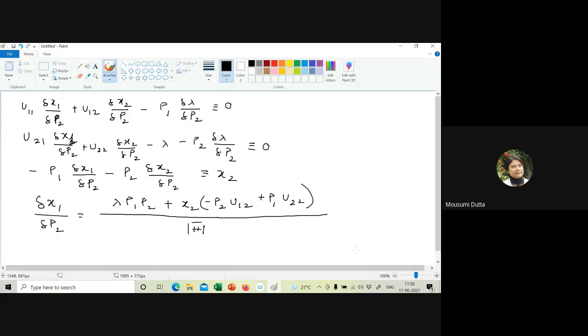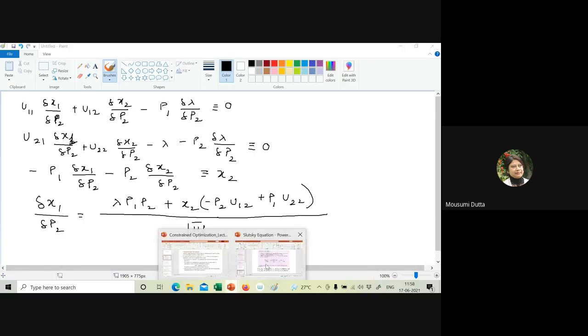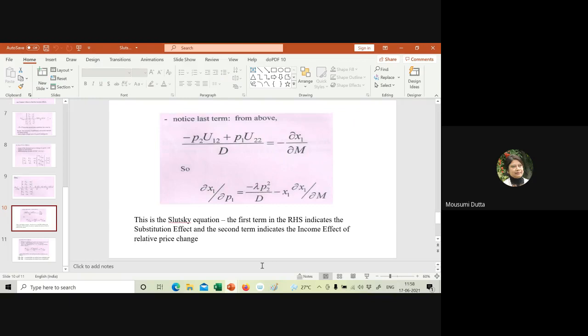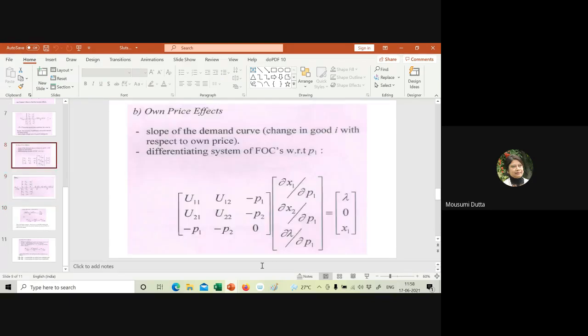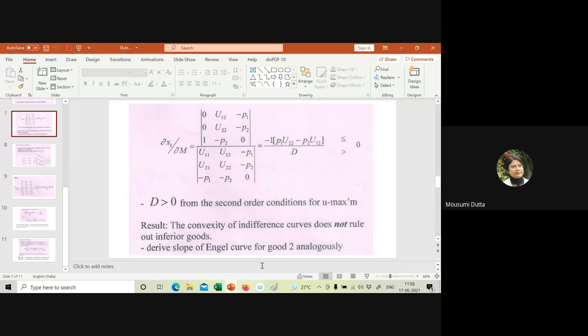you check whether you got the value for del x1 by del m, that is minus p1 u22 plus p2 u12. So are we getting one part which is equivalent to this? Yes, ma'am.